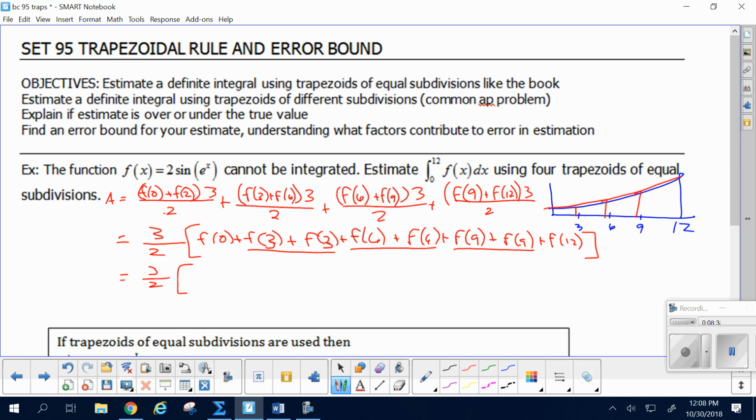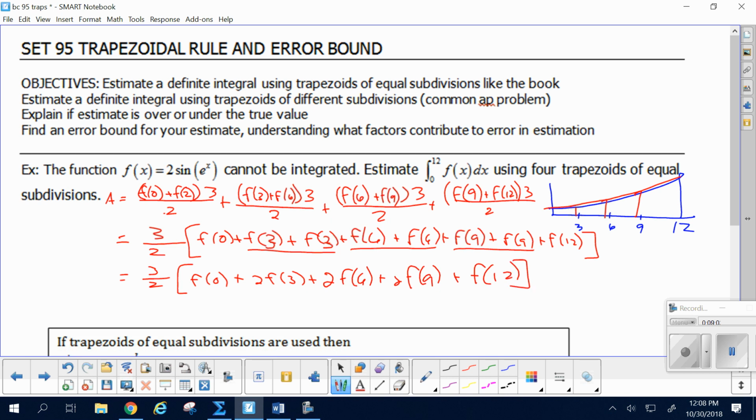So you'll always find, for equal subdivisions, that you'll have 2 of every interior x of i, but only 1 on the outsides.